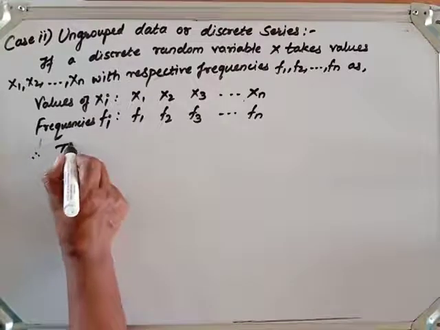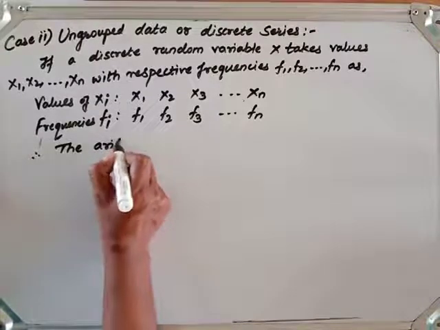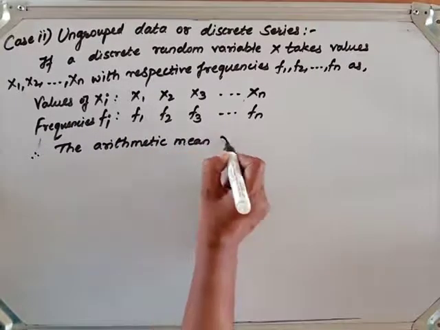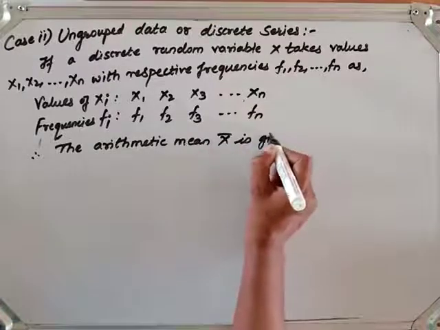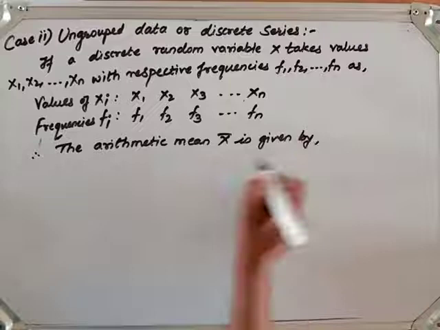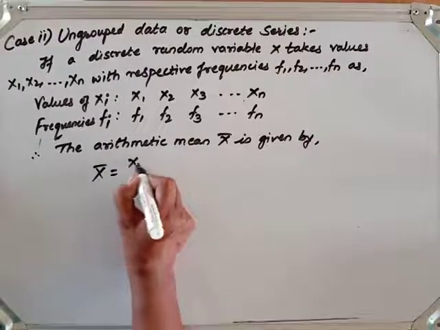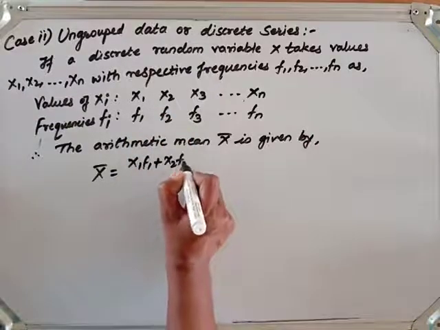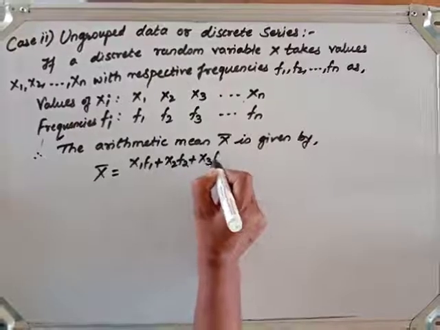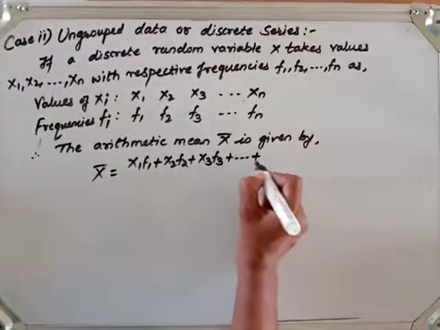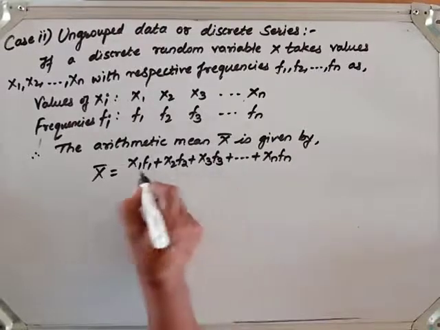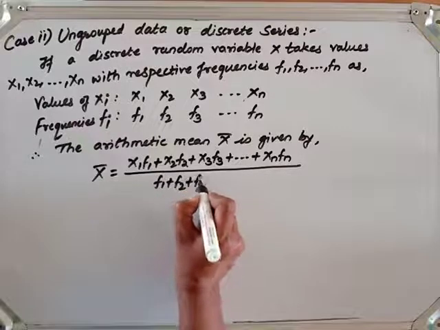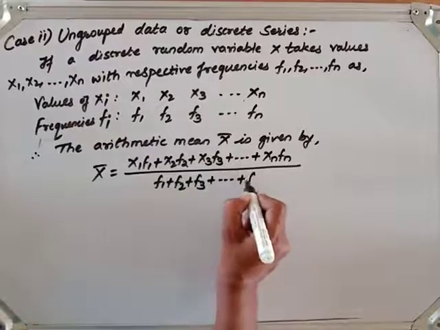Therefore, the arithmetic mean x bar is given by x bar equal to x1 into f1, we have to take the product of them, plus x2 into f2 plus x3 into f3 plus so on, plus xn into fn, upon f1 plus f2 plus f3 plus so on up to fn.